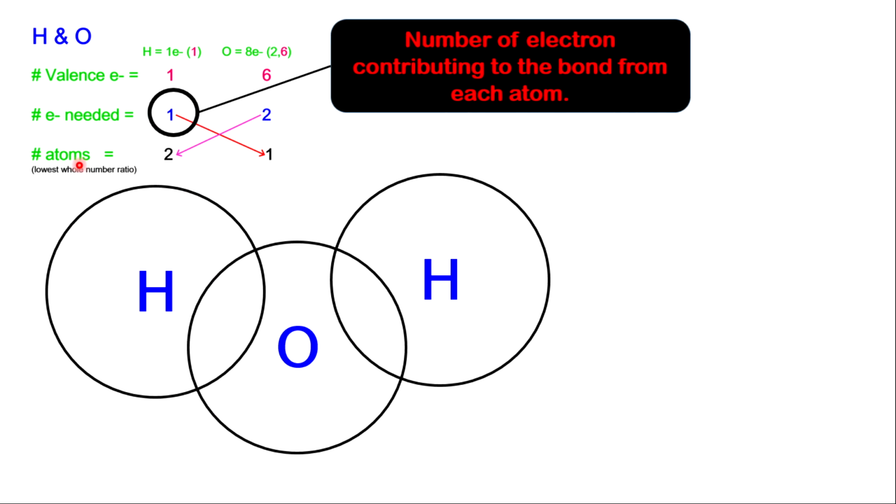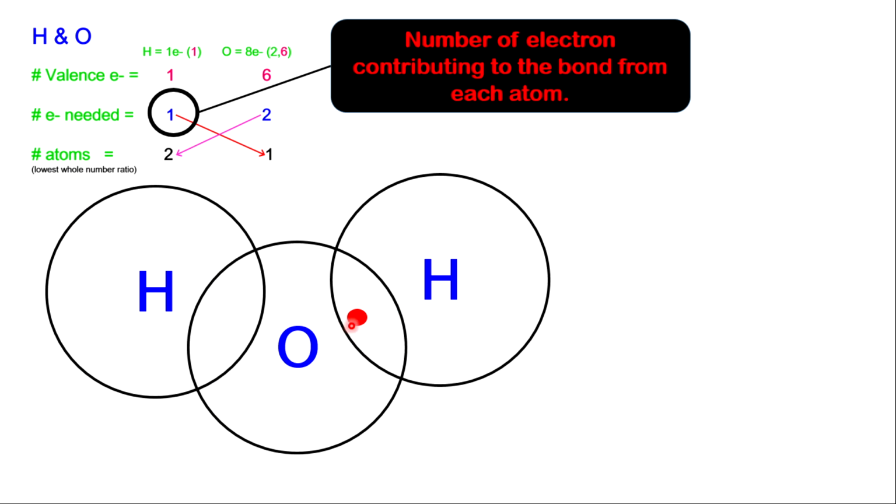In this case, the lowest number of electrons needed is 1. So the number of electrons contributing to the bond from each atom is the lowest number of electrons needed, and in this case each atom must give up 1 electron. So let's start right here.